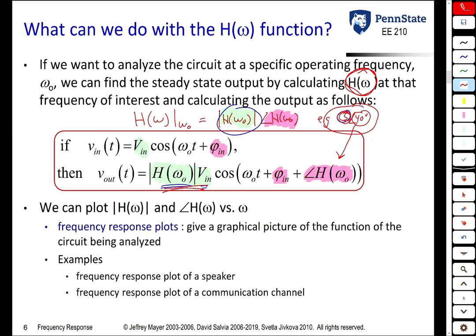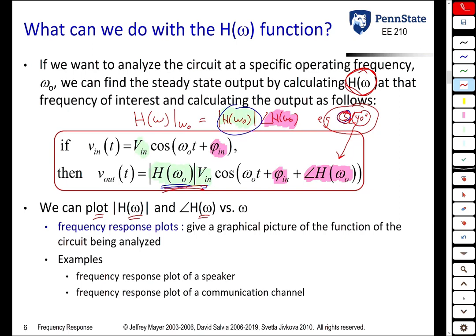The second thing we can do, rather than plug in specific values for omega, is plot both the magnitude response and the phase response versus omega, and we get what's called frequency response plots. These give us a graphical view of how the circuit changes as a function of input frequency. For example, you've seen these before when you've looked at specs from a speaker. You might have seen something called a frequency response plot.